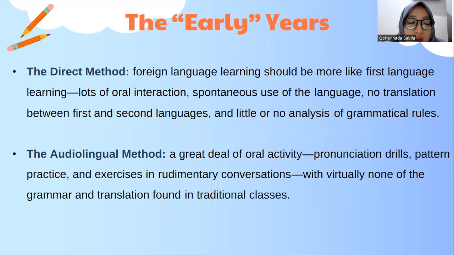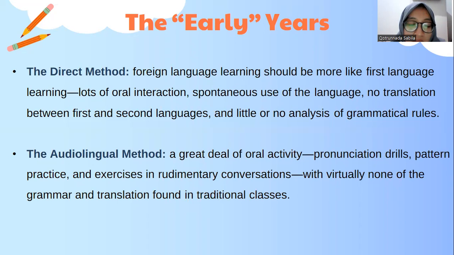And then next we have the direct method and audiolingual method. We have already learned about this in a previous video, and the basic premise of the direct method was that foreign language learning should be more like first language learning, with lots of oral interaction, spontaneous use of the language, no translation between first and second language, and little or no analysis of grammatical rules.